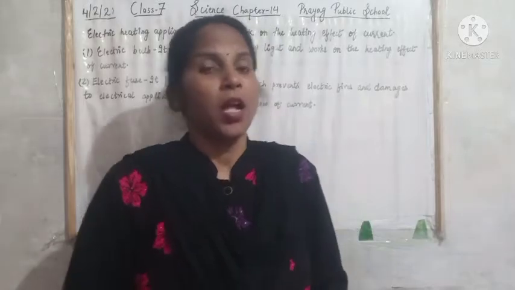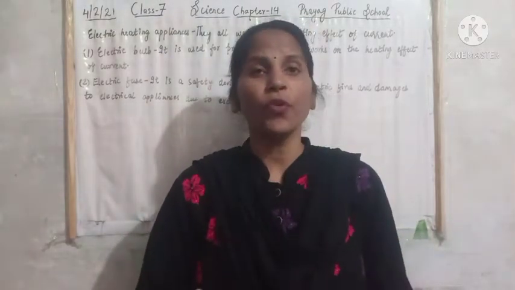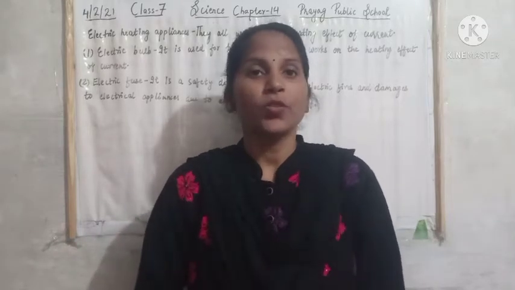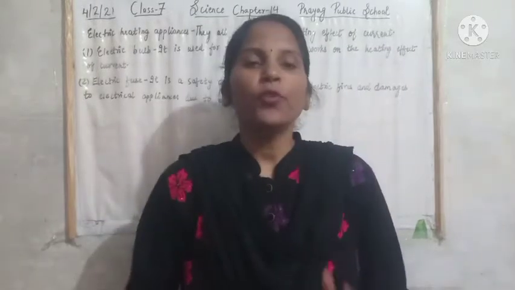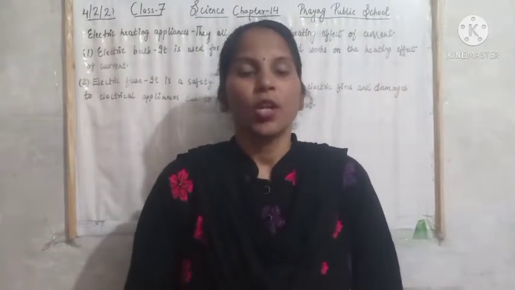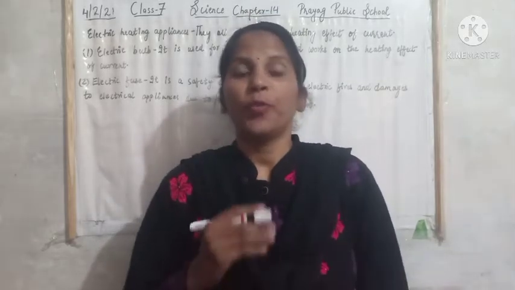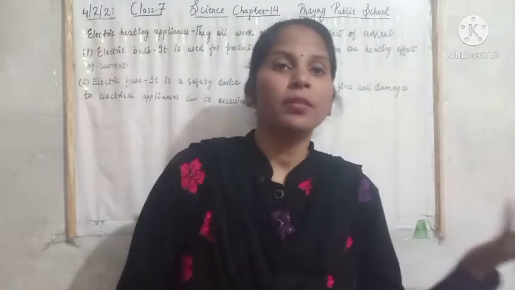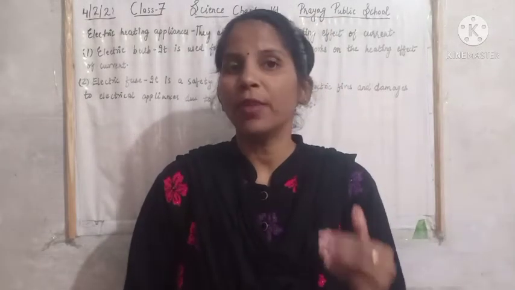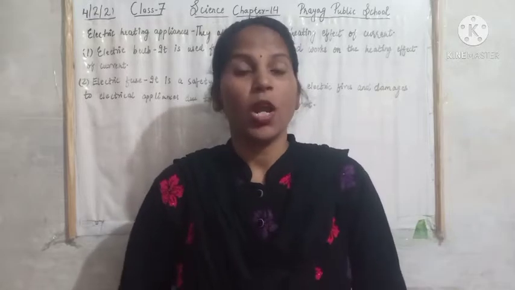But nowadays we use CFL, that is compact fluorescent lamps. The full form of CFL is compact fluorescent lamps, which produce very less heating effect as compared to the bulb which has a filament made of tungsten, and they also consume very less electricity. Why?